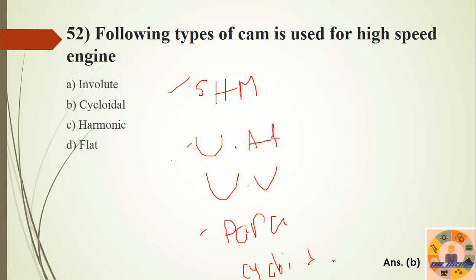In cycloidal motion there is no abrupt change in velocity and acceleration at any stage of motion. So the cycloidal motion profile is the most ideal for high speed engines. So the right answer of this question will be option B, cycloidal.